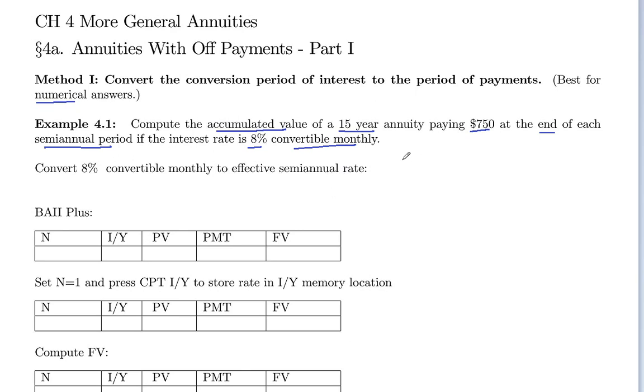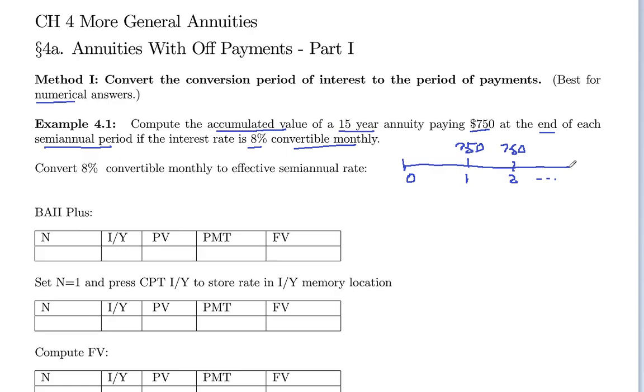If we sketch a time diagram to go with this, we've got time 0 here. Our payments are at the end of each semi-annual period. So at period 1, we've got a $750 payment there. At 2, a $750 payment there.